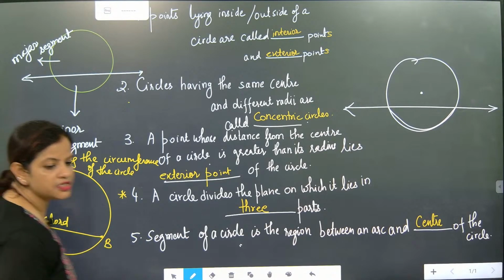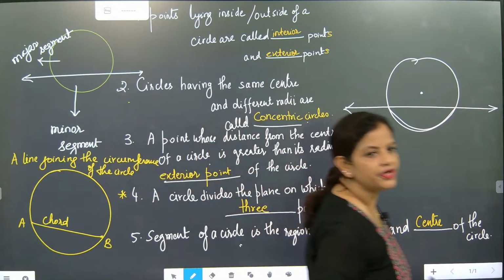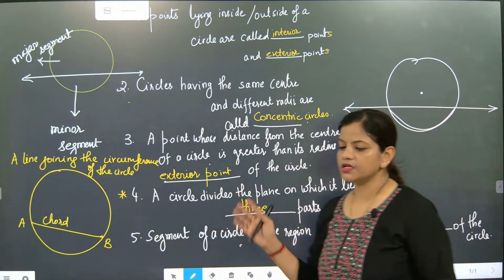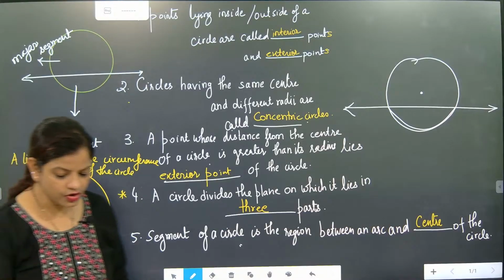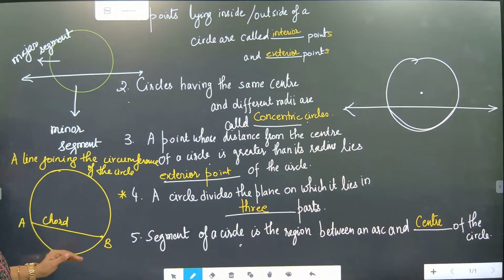The line joining the circumference of the circle is called a chord.